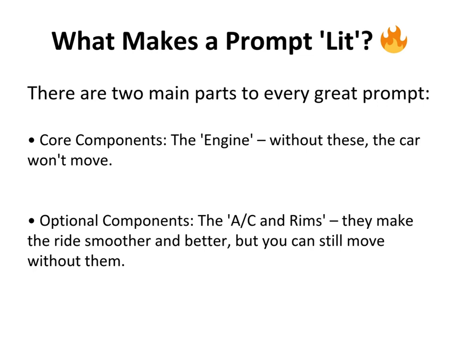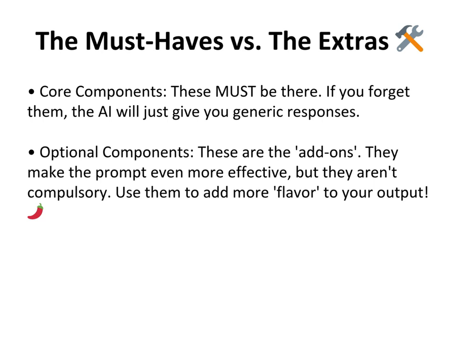Then you have other components that also make the car feel good, which are the AC and the car rims. But if the AC and the car rims are off, it doesn't stop the car from functioning or getting into motion. You can roll down the glasses to receive air if the AC is not working. So those are optional components of a prompt. Let's get into the next slide and find out more about prompts.